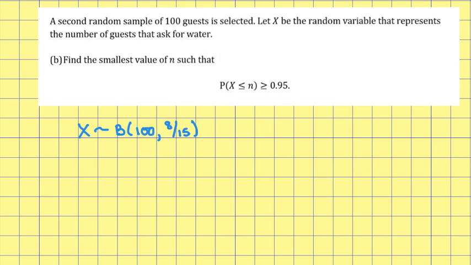So we can use our calculator to find out how many guests will give us a probability of 0.95. We use the reverse or inverse binomial distribution function on our calculator, and that will tell us the value of n.